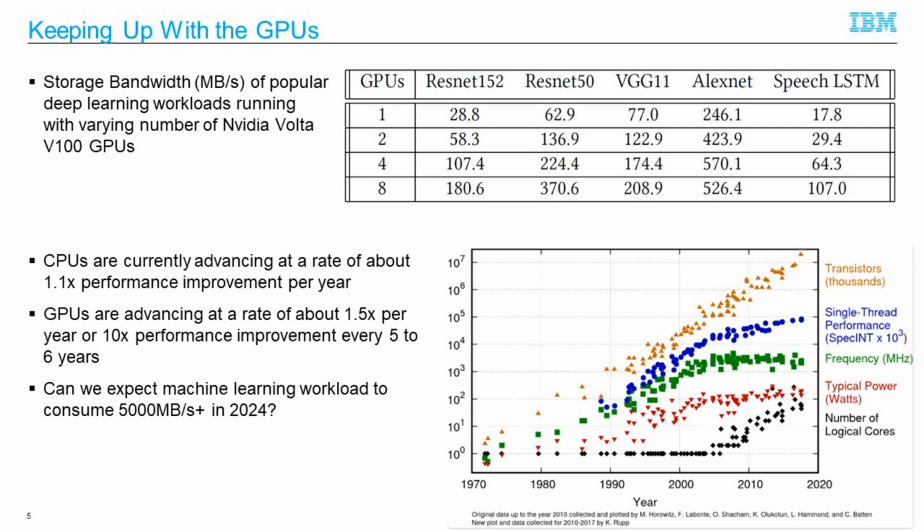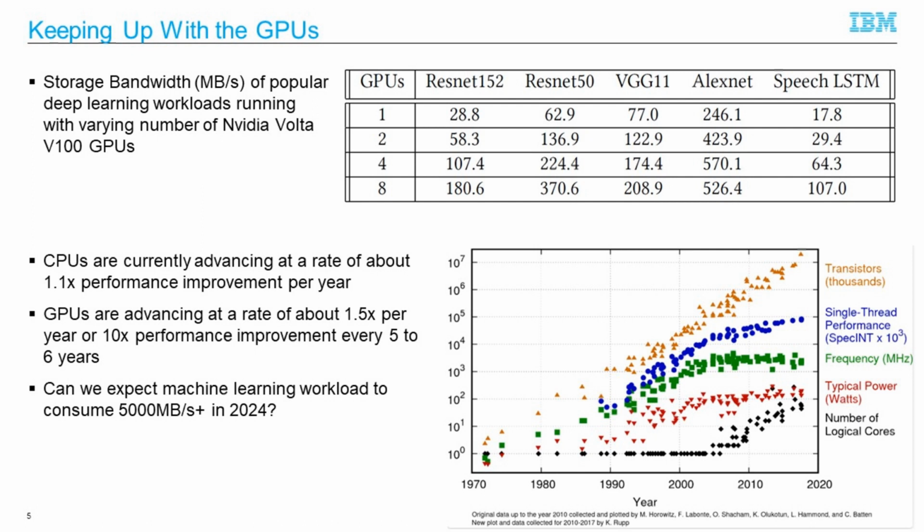This is running with a varying number of GPUs from 1 to 8. And what you're really seeing is that with one GPU, we're getting throughput of up to about 250. With 4, we're getting throughput of 570. Let's call it under 600.